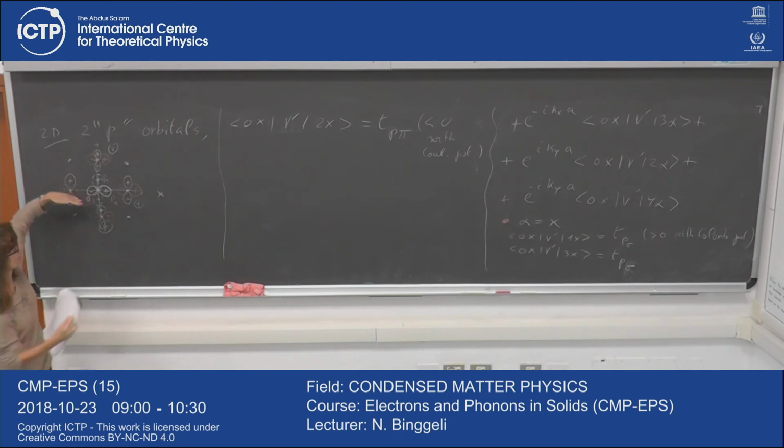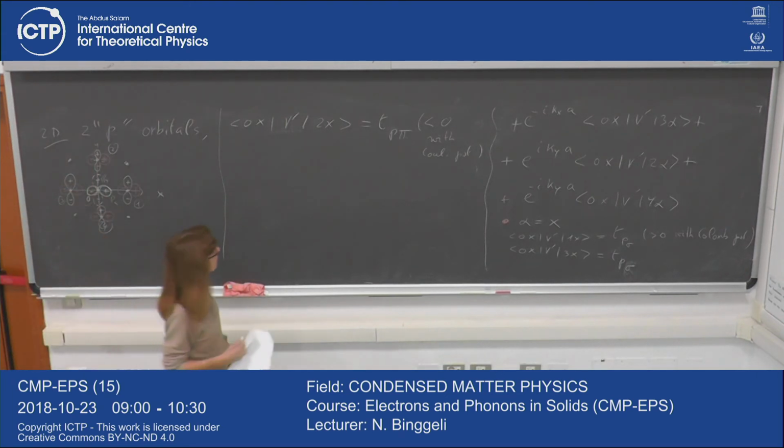In this case, I had two p orbitals that point towards each other, and here I have two p orbitals that are parallel, and the interaction is going to go through this channel, but it's weaker. This is much stronger when they point towards each other than when they are parallel. There is still some interaction because here they have the same sign, so there will be some overlap, but it's going to be weaker than here.